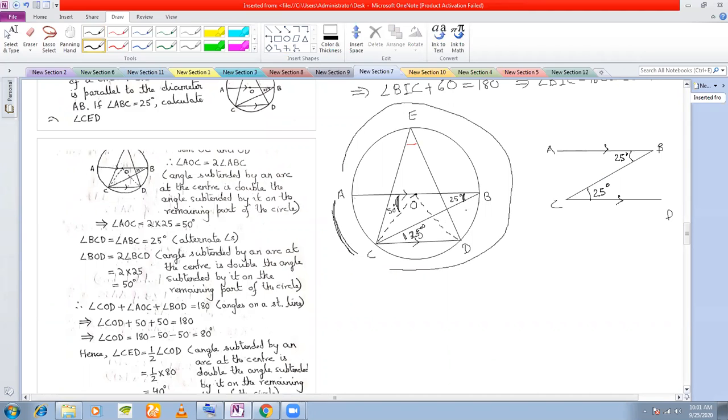But what you also see is that angle BCD is the angle subtended at the circumference, 25. What is the angle subtended by this arc BD at the center? It is this. Therefore, this should be double of 25. This should also be 50, right?